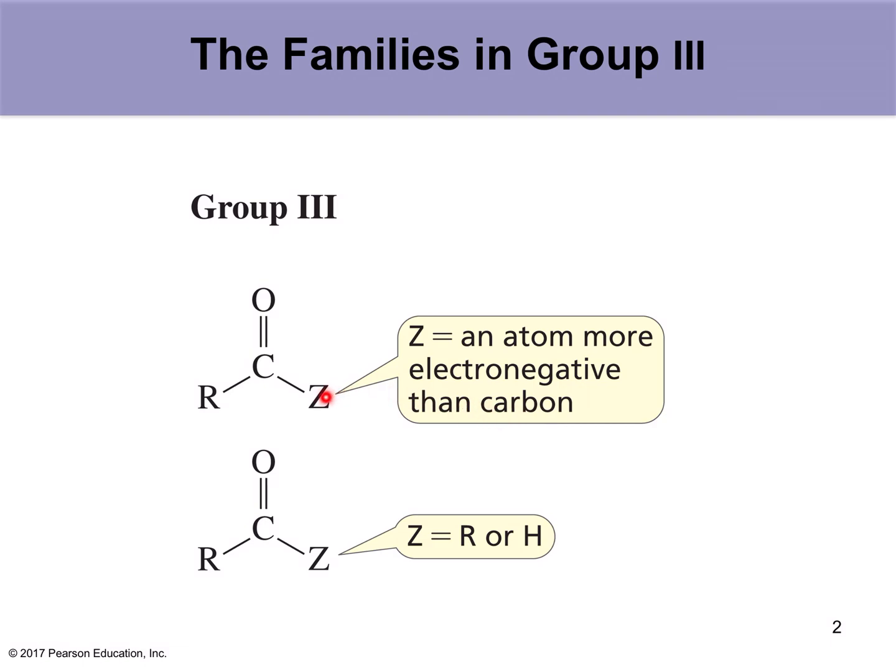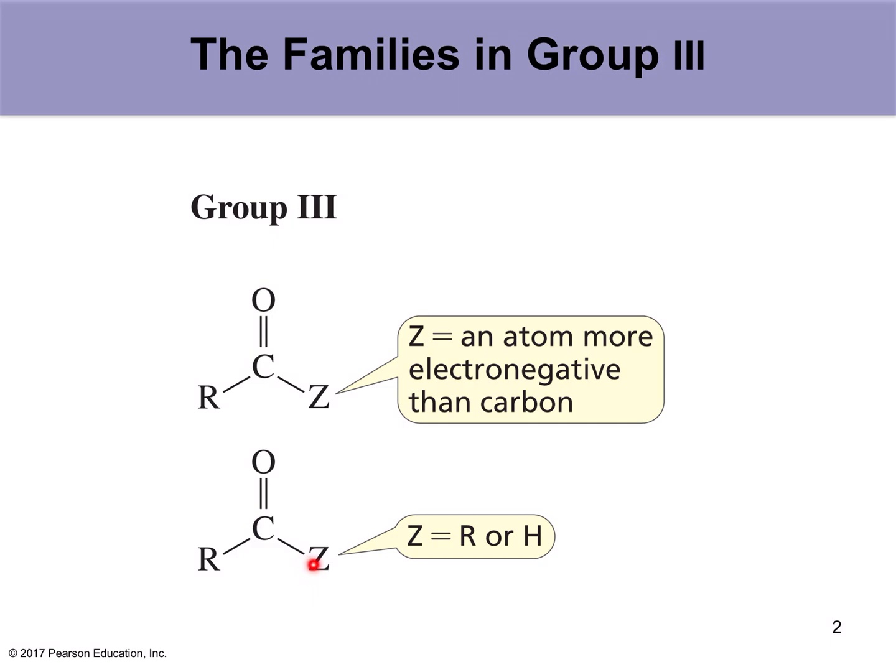It could be a chlorine, like a chloride, or it could be a hydroxy group, or an amine group. So the Z is going to be more electronegative than the carbon. That's one family.